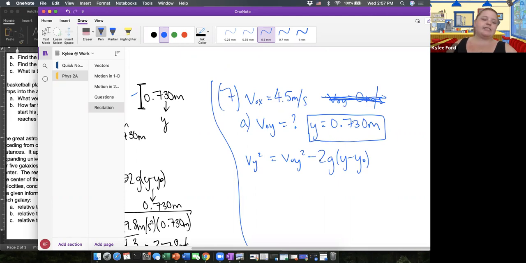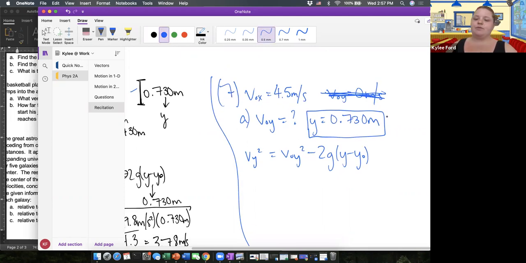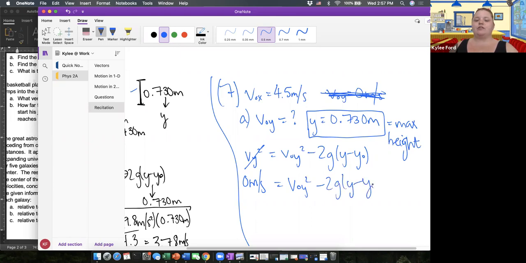It doesn't state it in the problem, but this is going to be our maximum height. At our max height, we know that our velocity in the Y direction is 0, right? So 0 is going to be equal to V naught Y squared minus 2G times (y minus y naught).